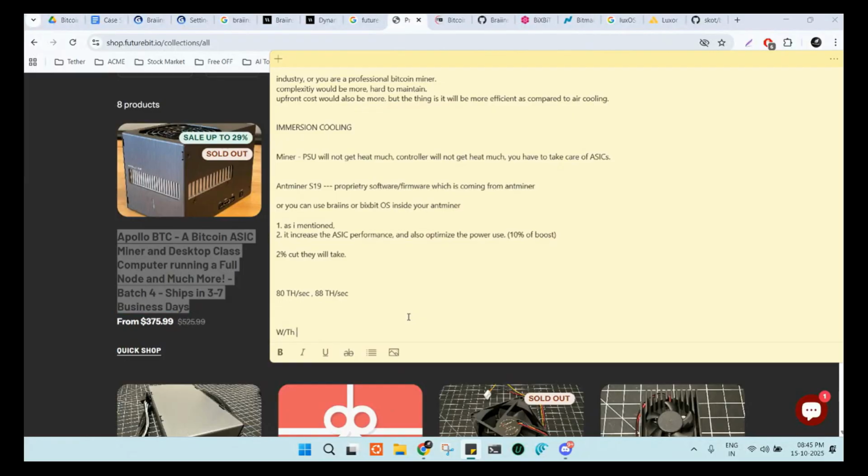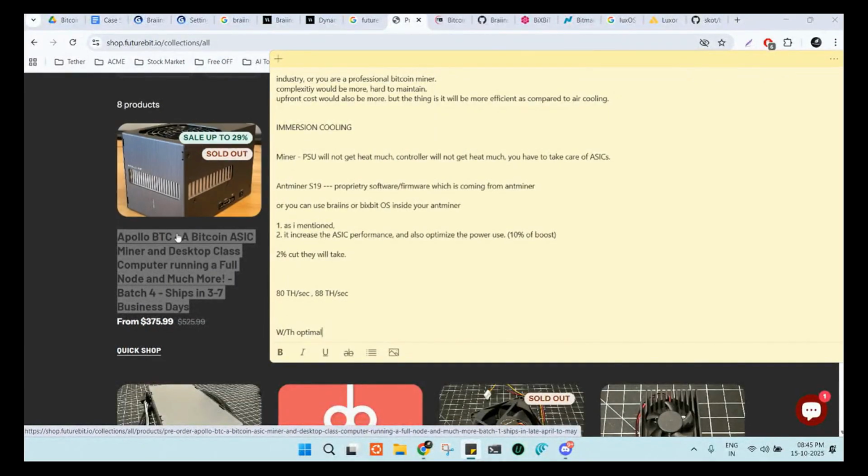That should be optimal, right? So if you compare this Apollo BTC with Antminer and Whatsminer, these devices are very optimal because these are low power, highly optimized Bitcoin miners, mostly for home miners.